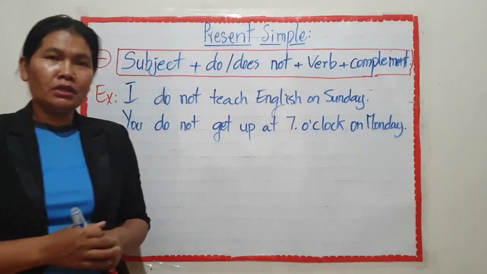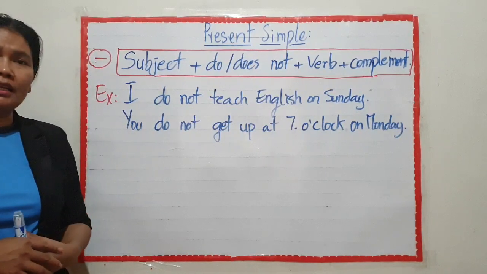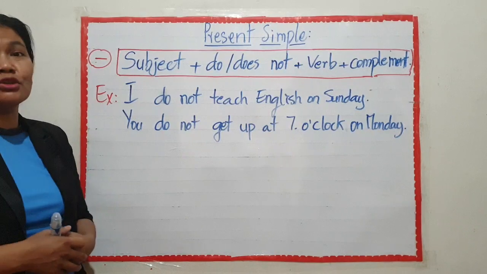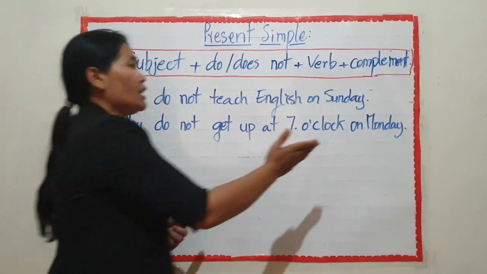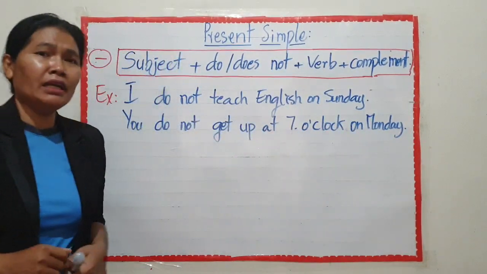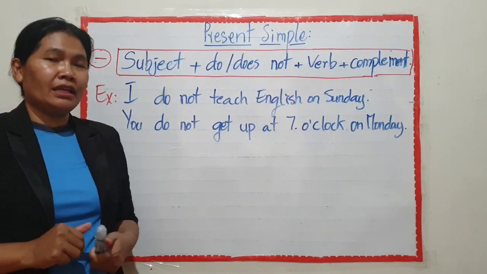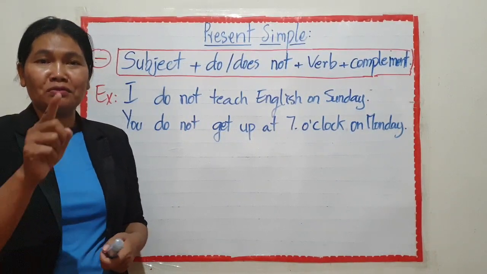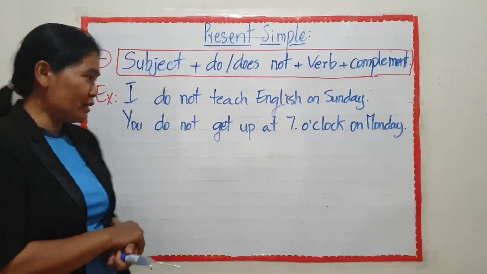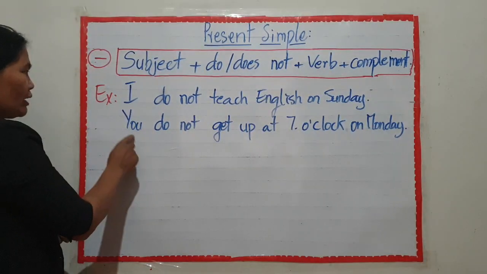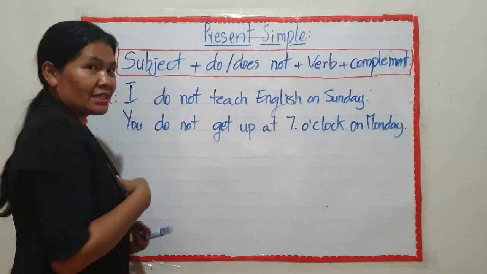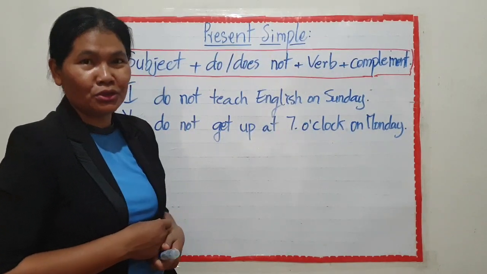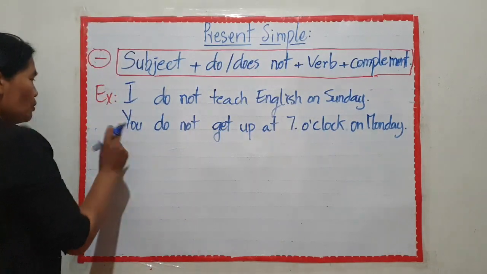Is Monday a holiday or a school day? Yes, Monday is a school day. That's why everyone does not get up at 7 o'clock. If you get up at 7 o'clock, you will miss school, right? So you get up at 6:30 or 6 o'clock, so you are ready to go to school.